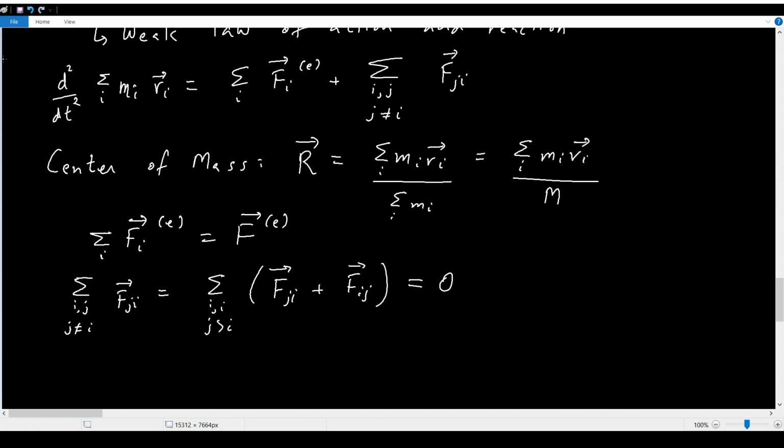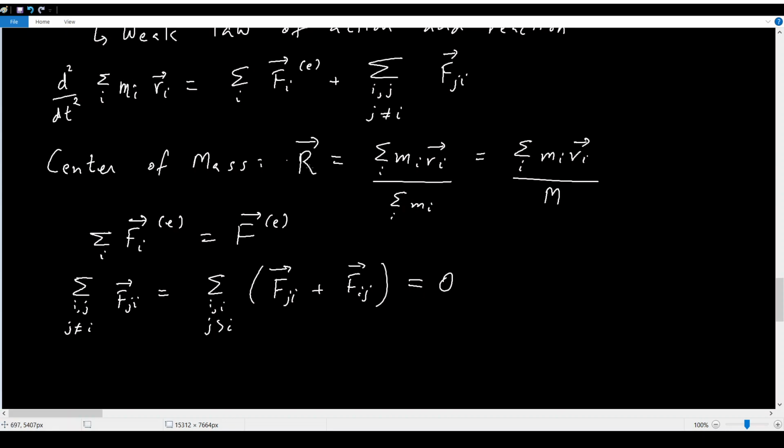Okay, so in our equation of motion, we are denoting this as Fe, and this just becomes 0. And the left hand side, we can write in terms of the center of mass, right?